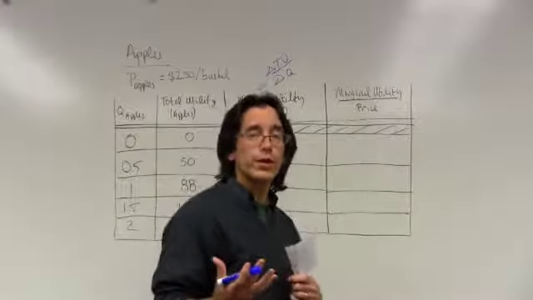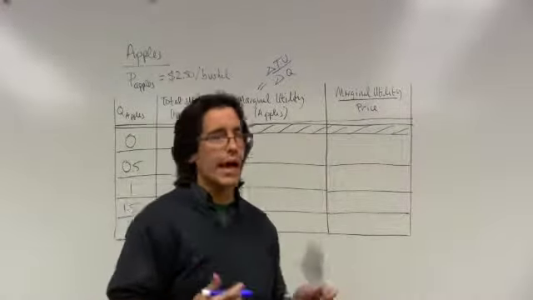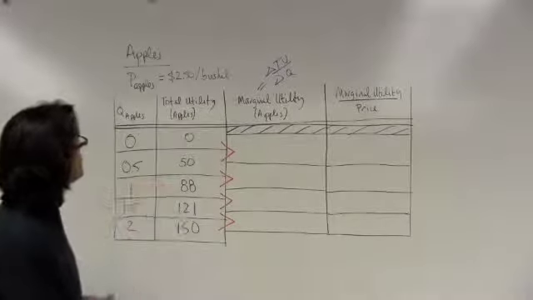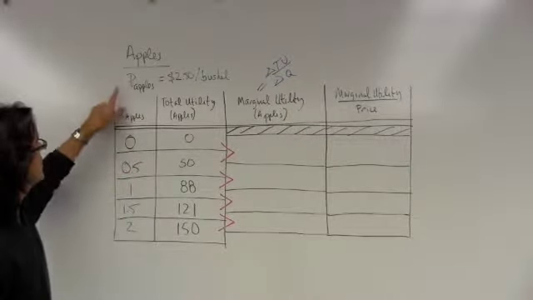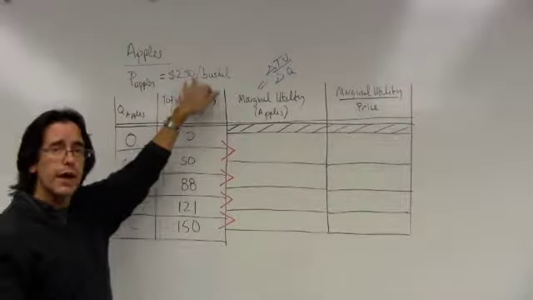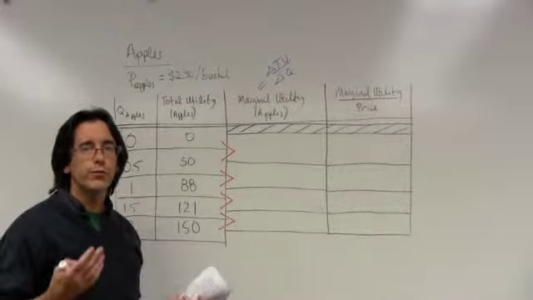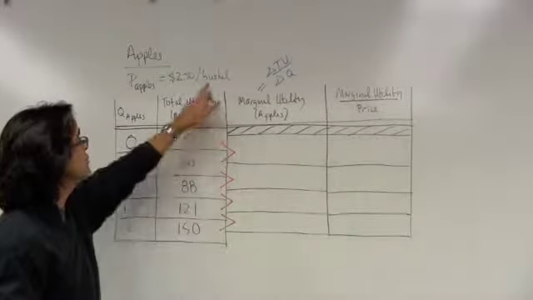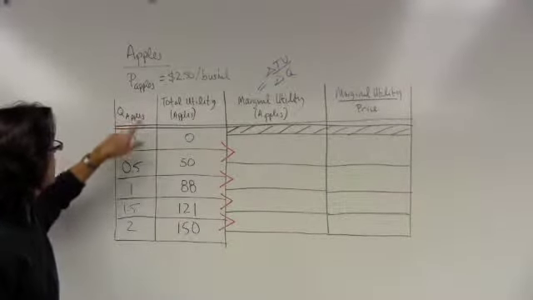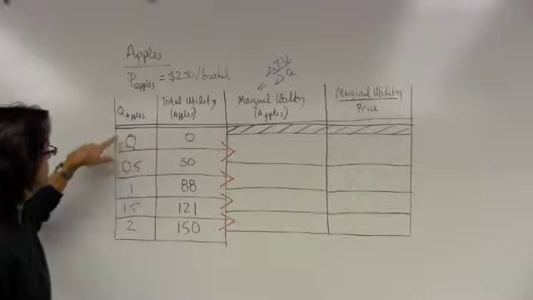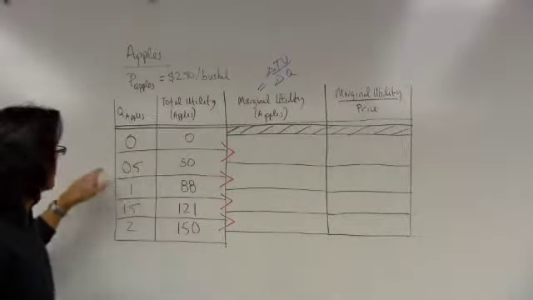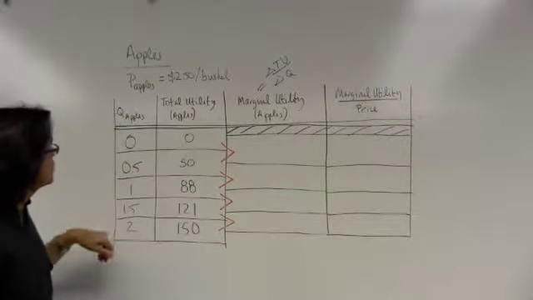Okay, so what we're going to do is look at apples first, just apples. So here I have a table for apples. The price of apples is $2.50 a bushel. So our chosen unit for looking at apples is in terms of bushels. I have quantity of apples measured in bushels: 0, 0.5, 1, 1.5, and 2.